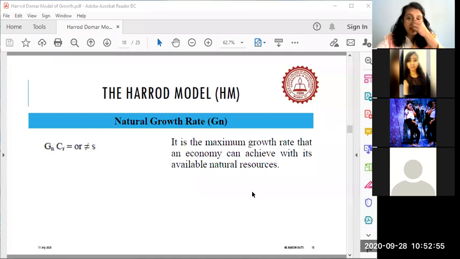So what is needed under the natural growth rate is that GN CR must be equal to S. If it is not, the economy must start trying to reach the natural rate of growth, if it is not yet there.